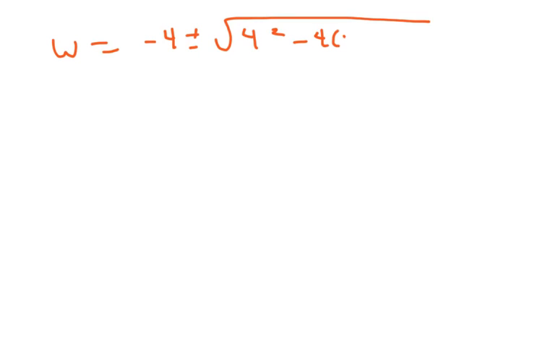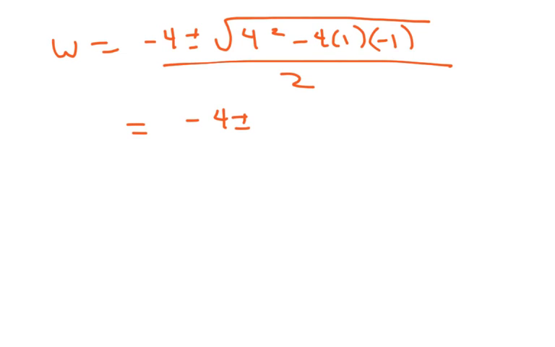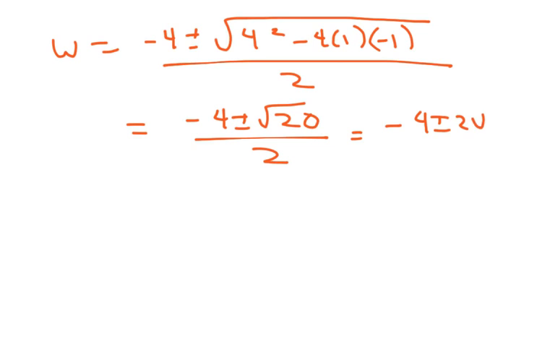So we get w equals negative 4 plus or minus square root of 4 squared minus 4 times 1 times negative 1 over 2, which yields negative 4 plus or minus root 20 over 2, which yields negative 4 plus or minus 2 root 5 over 2, which yields negative 2 plus or minus root 5. Okay? So now let's check these.